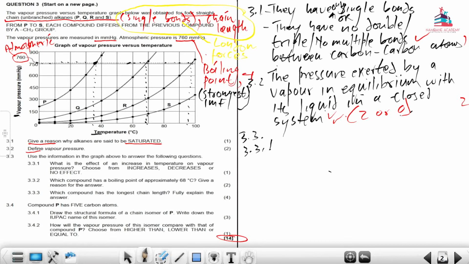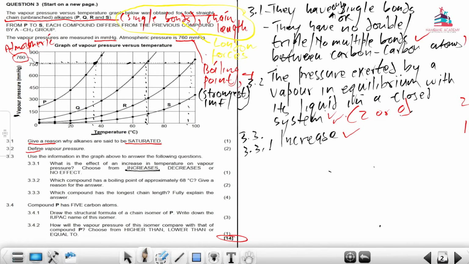What we know is that an increase in temperature also increases the vapor pressure. So the correct answer is increase. Then we get another 1 mark. Then we are in the right direction of getting things right.